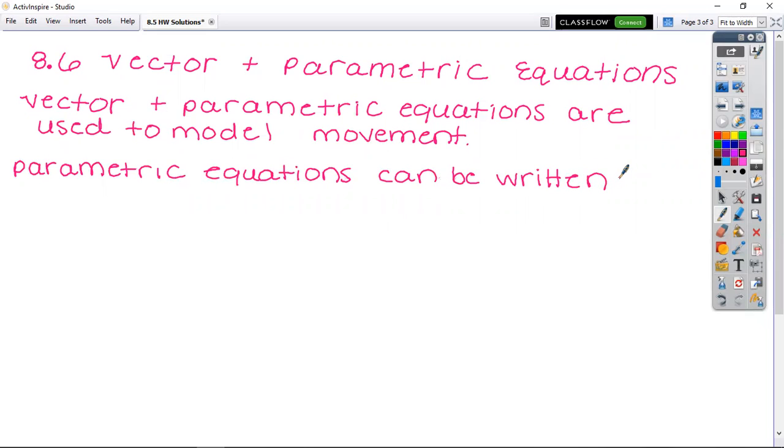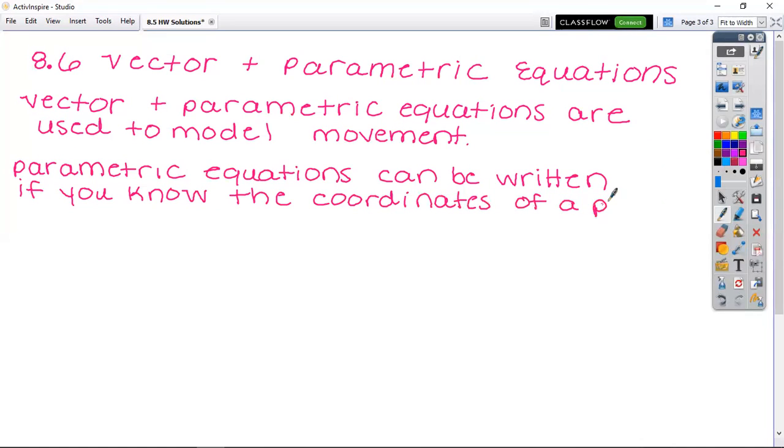They can be written if you know the coordinates of a point and the direction of a vector. Again, these formulas are not going to be anything that you have to commit to memory. They are on your formula sheet for your test, your quiz, your final.